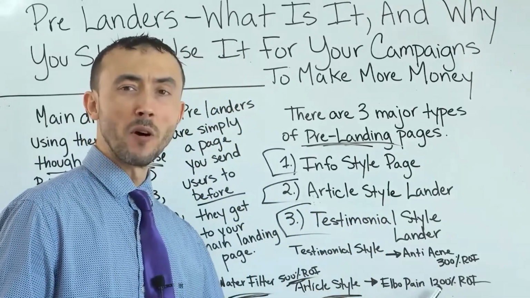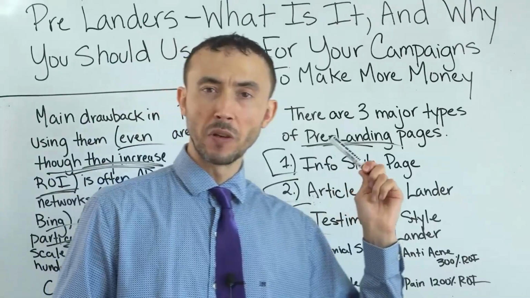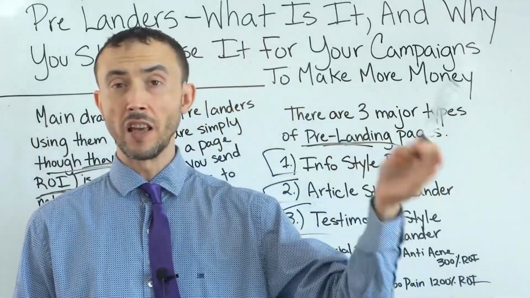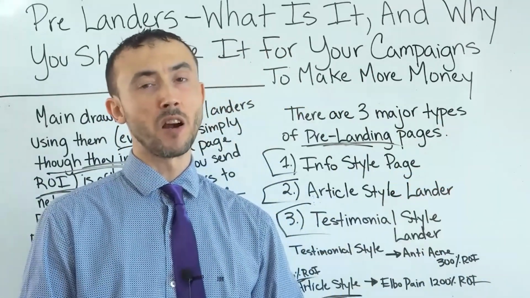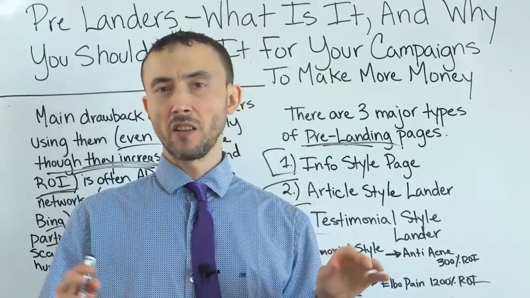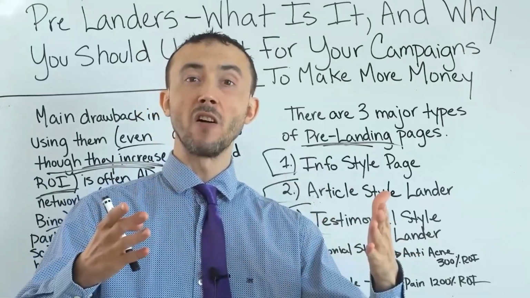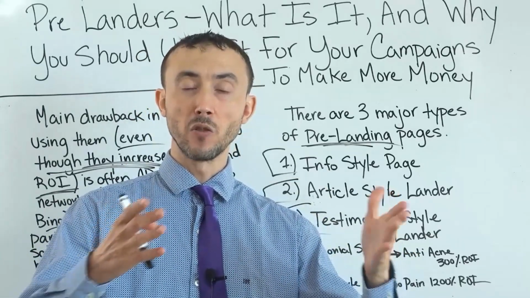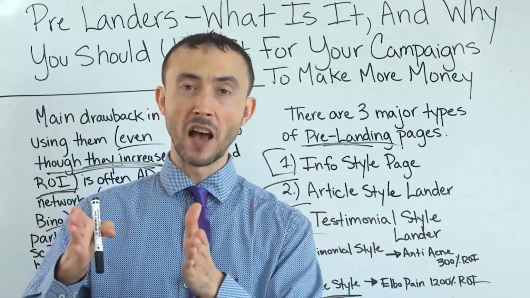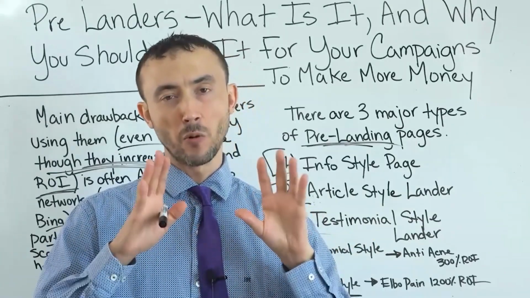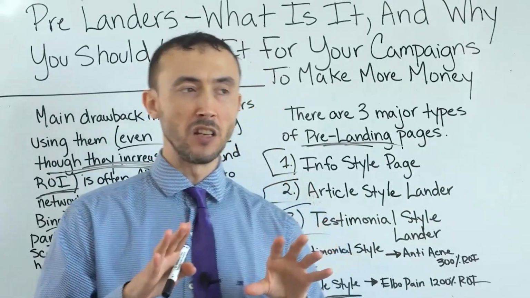The ROI wasn't as good as somebody coming from Google, because the person on Google already knew that they were looking for ideas. We would target people like, how do you fix tennis elbow and stuff like that, and then run that article style lander there, driving people to the pre-lander with the article style like I talked about. That's a great way to make money in a lot of different niches.